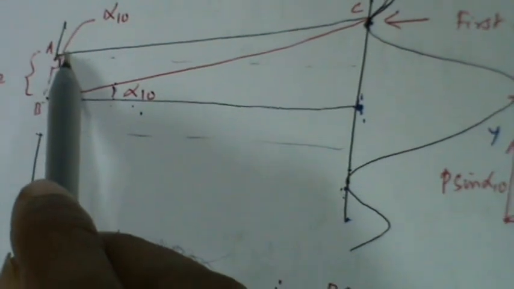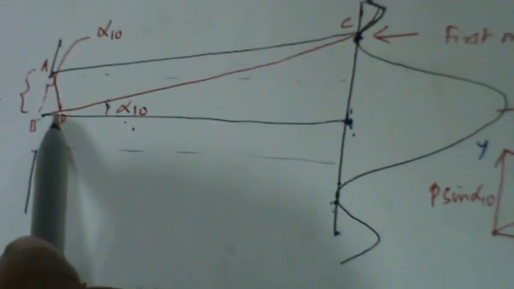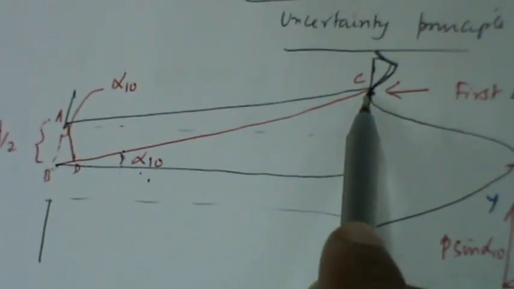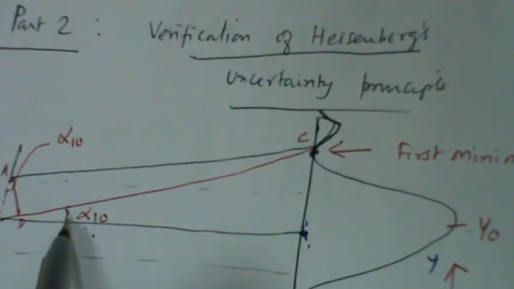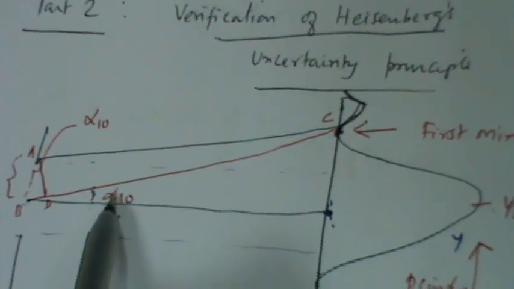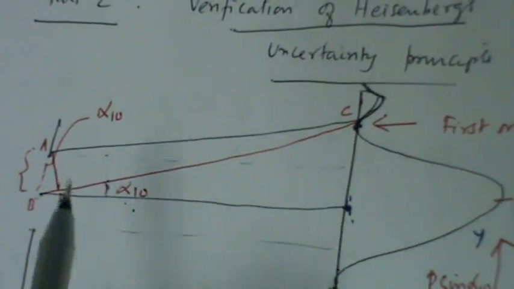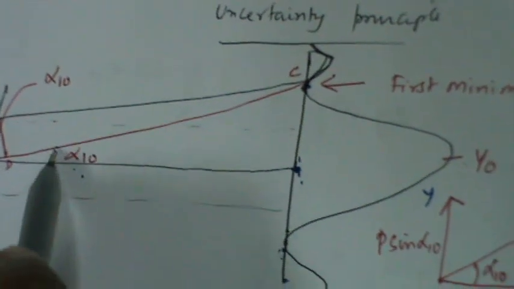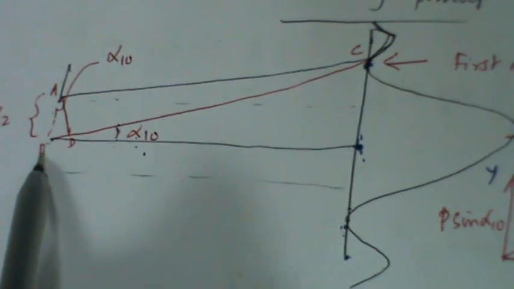So the path difference between these two light rays, which is denoted as BD, interfere and cause first minimum on the screen. As it has been explained already, we denote the angle of deviation corresponding to first minimum as alpha 10. If this angle is alpha 10, this angle is also alpha 10. So it is possible for us to find out what is the path difference BD.